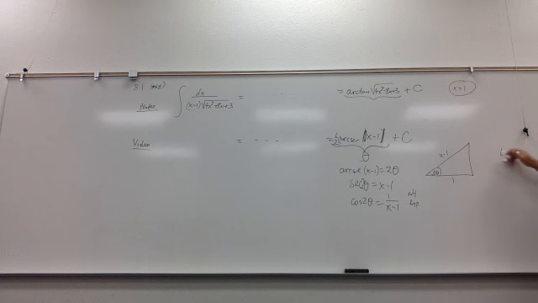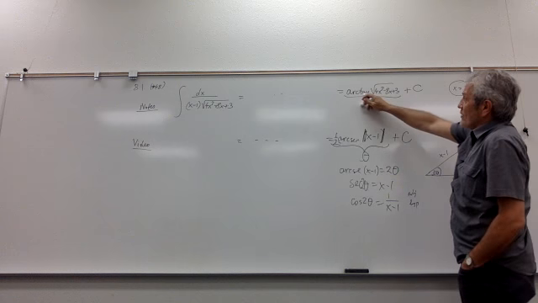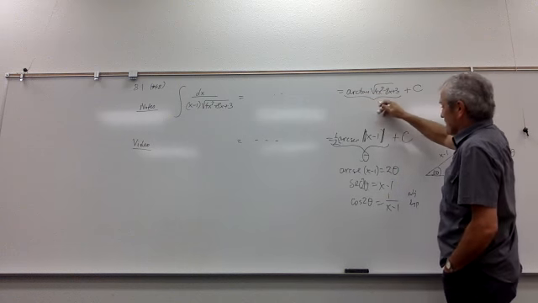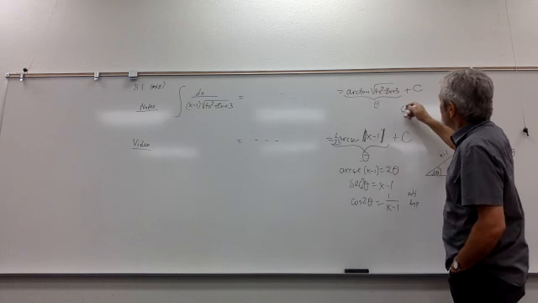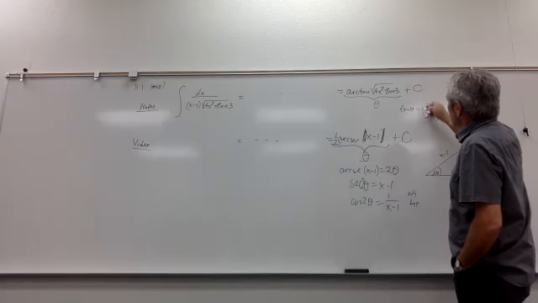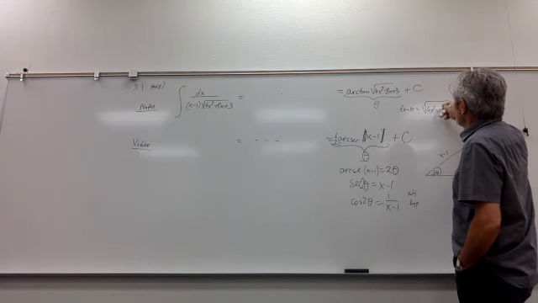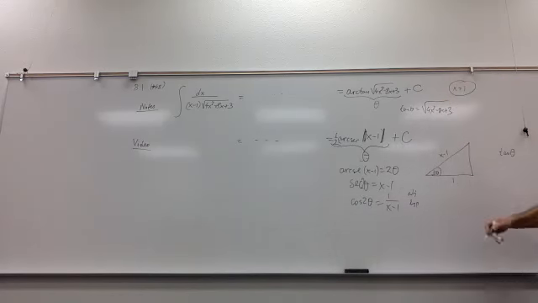Now what? I want to see how much is tan theta. Because tan theta should be, if this is the same angle theta, the square root of 4x squared minus 8x plus 3. And then what?